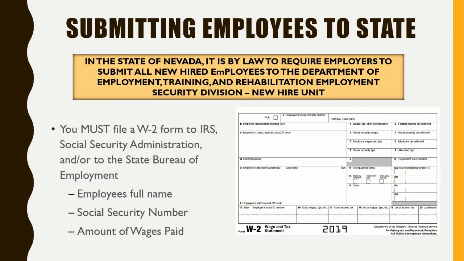Well, first off, if you choose to have employees, this is the most necessary thing that you have to do. You have to fill out a W-2 form as the employer to the federal, state, or county department, whichever one you can go to. In most cases you would go to your county.